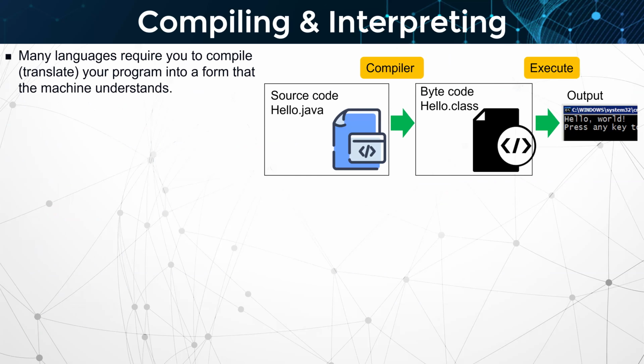So now, what is the difference between compiling and interpreting? Any language requires compiling or translating the input code or program to code the machine can understand. For example, Java source code needs to be compiled to get bytecode and then executed to get results.